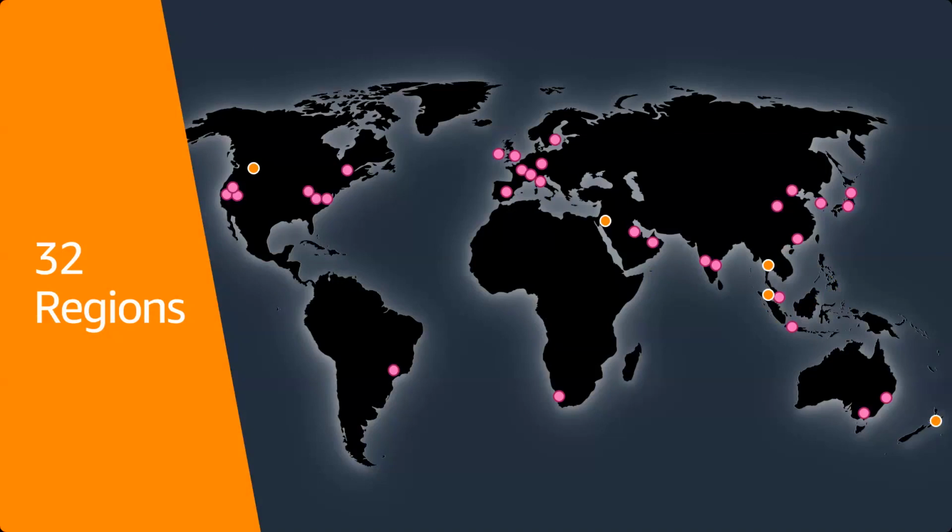Right now there are 32 regions that are supported, and it's very important for reliability and scalability, and especially latency, to have the workloads closer to your end users. That's why there are so many regions available, so that you can choose and get the data in the least amount of time possible.